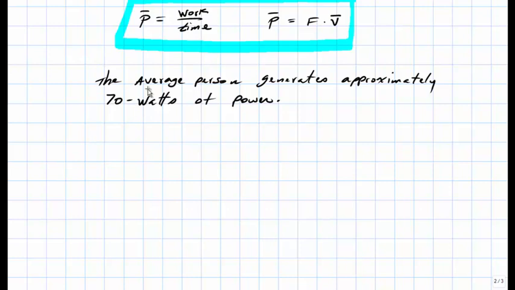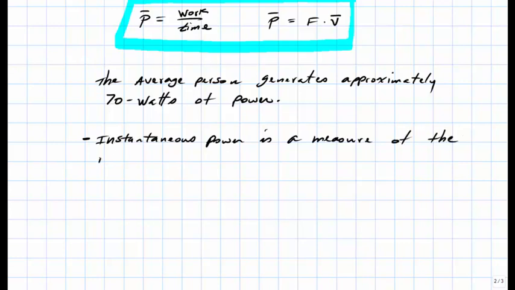We will now introduce the definition of instantaneous power. Instantaneous power is a measure of the power that is being produced at a specific instant in time.